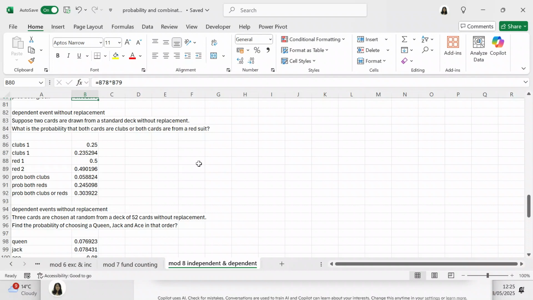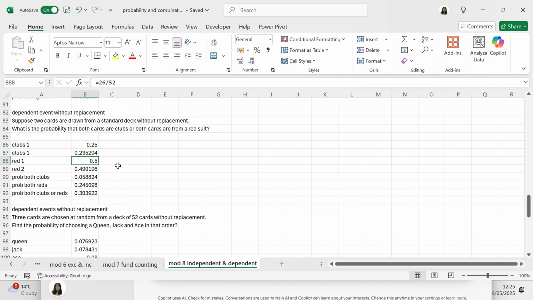Probability of clubs 1 is 25% because it's 13 divided by 52. Probability of clubs 2 is going to be 12 over 51 because it's going to be 13 minus 1 and 52 minus 1. So it's going to be 23.5%.